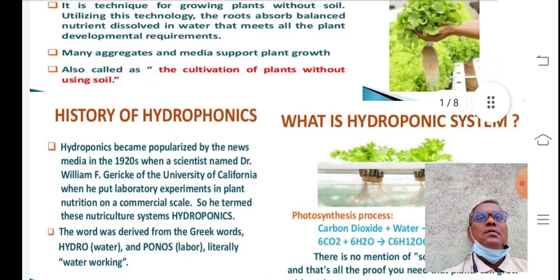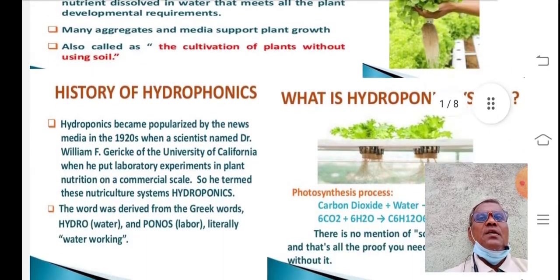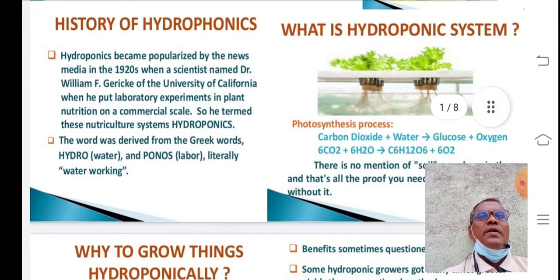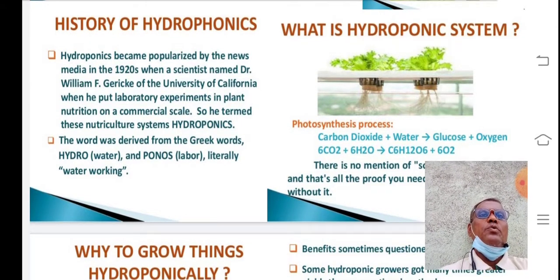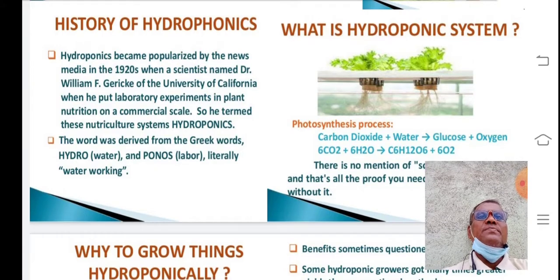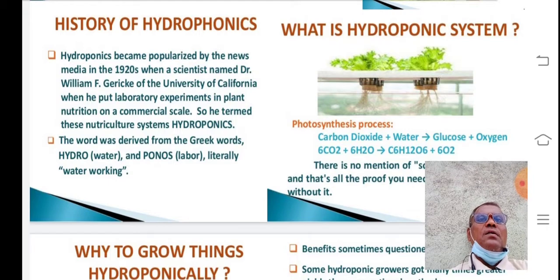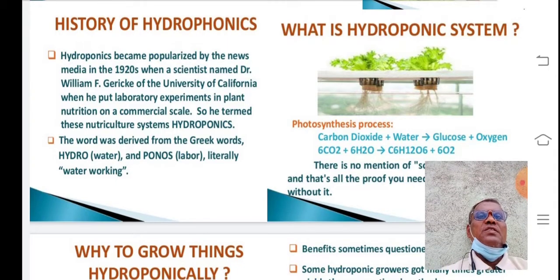Secondly, as our second part, here you are observing hydroponics. So what is the meaning of hydroponics? It was popularized in 1920 by the scientist Dr. William Gericke of the University of California, and he experimented with a number of plants on a nutritional and commercial basis.